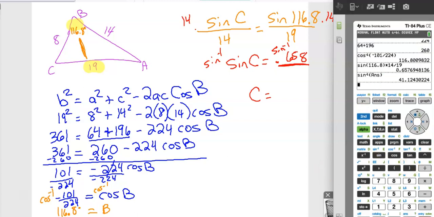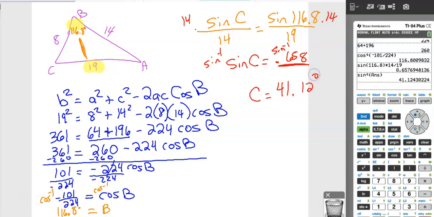All right, and then I'm going to get 41.12 degrees. Let's stay consistent. Let's round to the nearest tenths place. So it's 41.1 degrees. And then all I need to do is take 180 minus 116.8 minus 41.1.